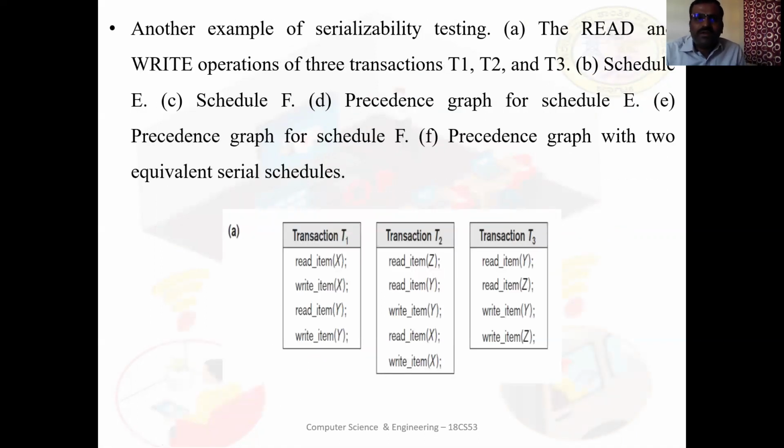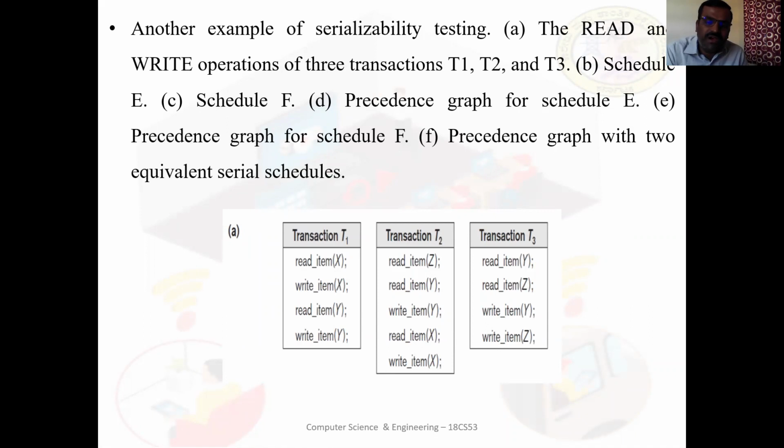Another example of serializability testing has 3 transactions, T1, T2 and T3. Here the figure A shows the read and write operations in each transaction.